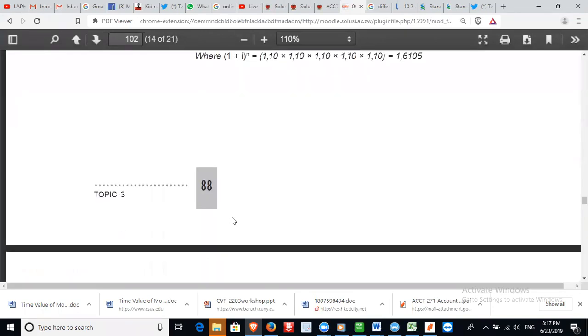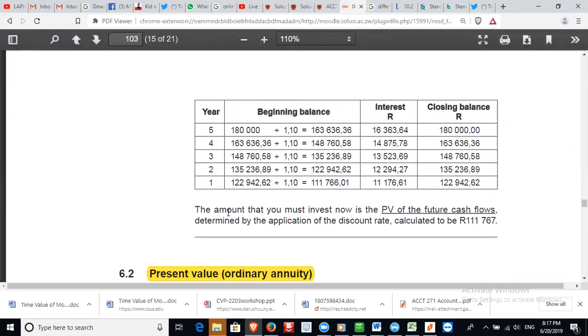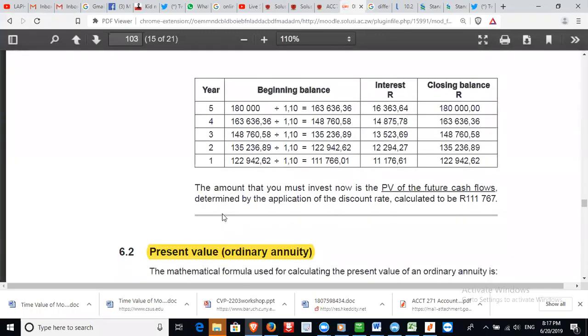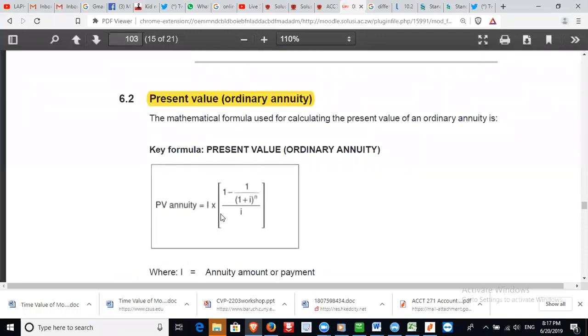That's how we calculate the present value. Then present value of an ordinary annuity.